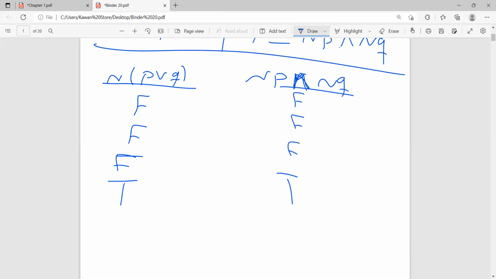So I am going to find the if and only if between them. Actually, I forget what if and only if is equal to. So how do I find it?